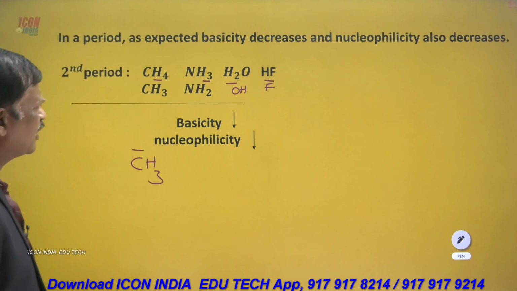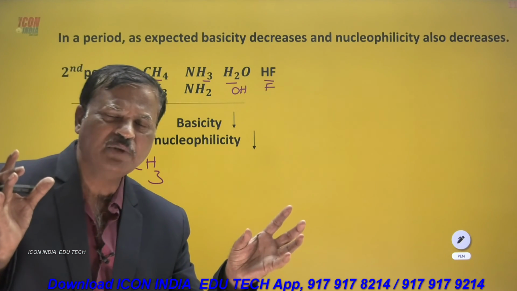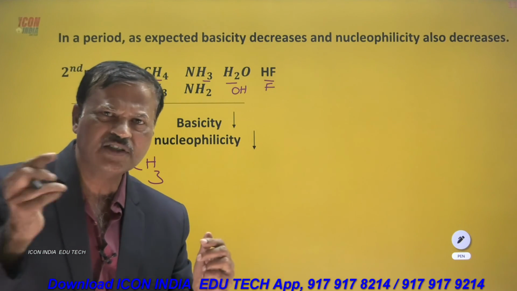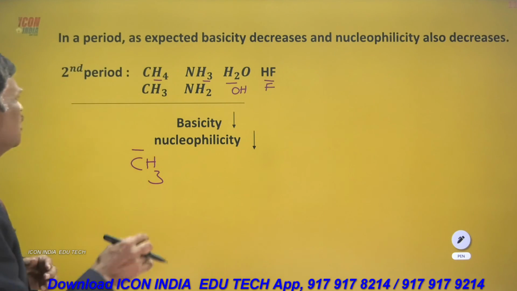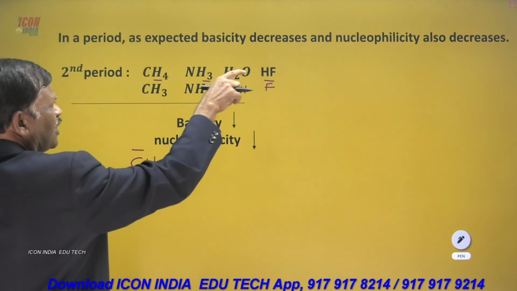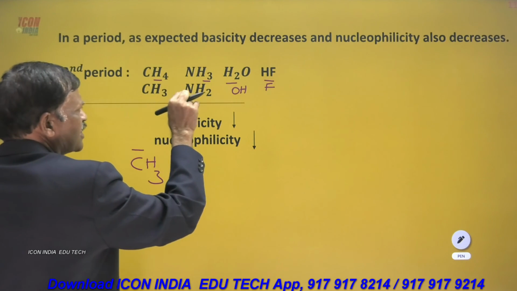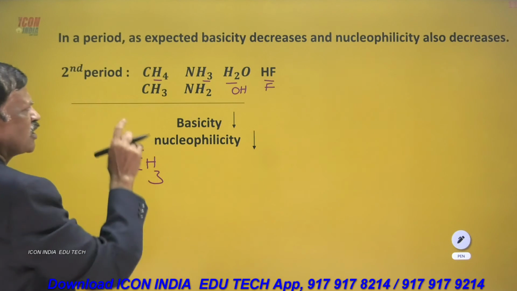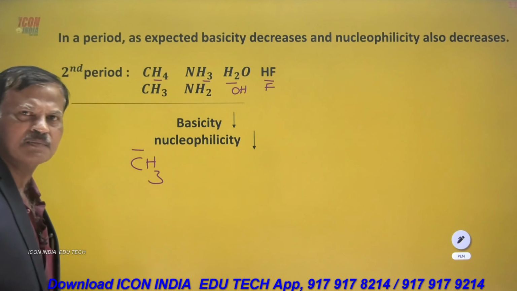You know in a conjugate acid-base pair, if the acid is strong, the base is weak; if the acid is weak, the base is strong. So based on that you can tell, as you move from left to right, acidic nature is increasing, so the basic nature of conjugate bases decreases. So the strongest base here is CH3 minus, the weakest is F minus.